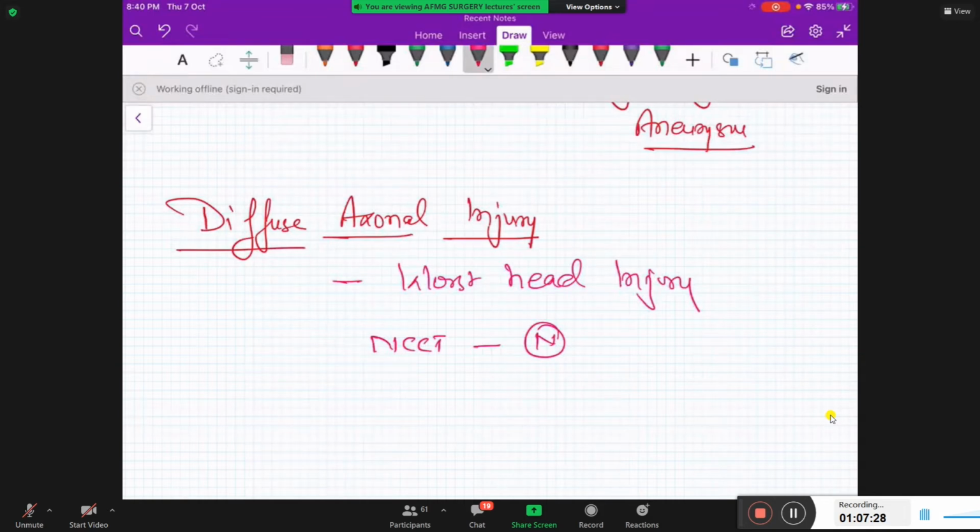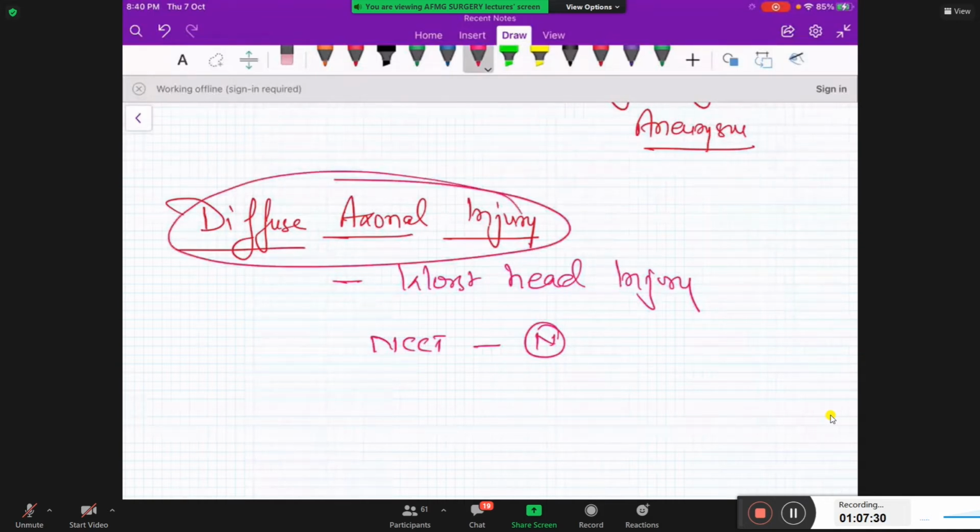And when will it be normal? Only in this head injury. And that is the reason why the investigation of choice for this head injury is MRI.